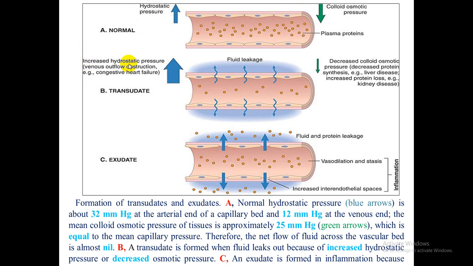If there is an increase in hydrostatic pressure, such as in venous outflow obstruction or congestive heart failure, this will result in leakage of protein-poor fluid into interstitial tissue.